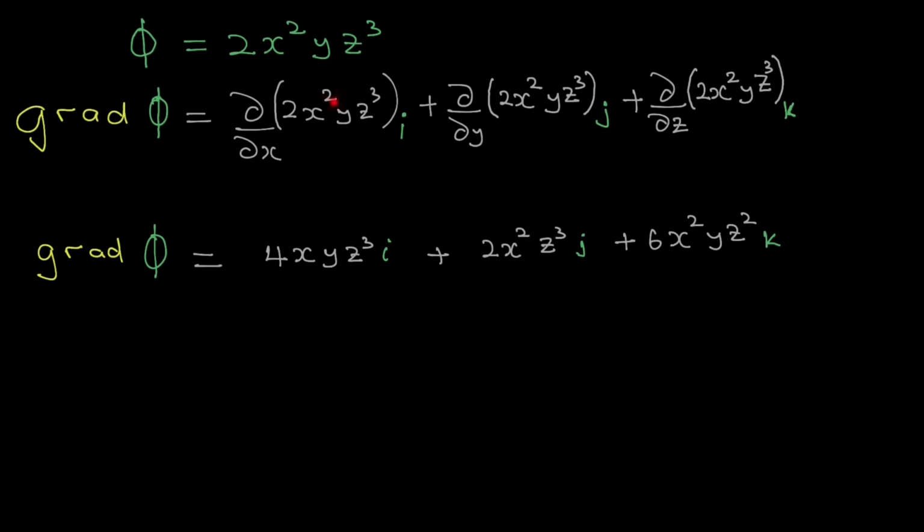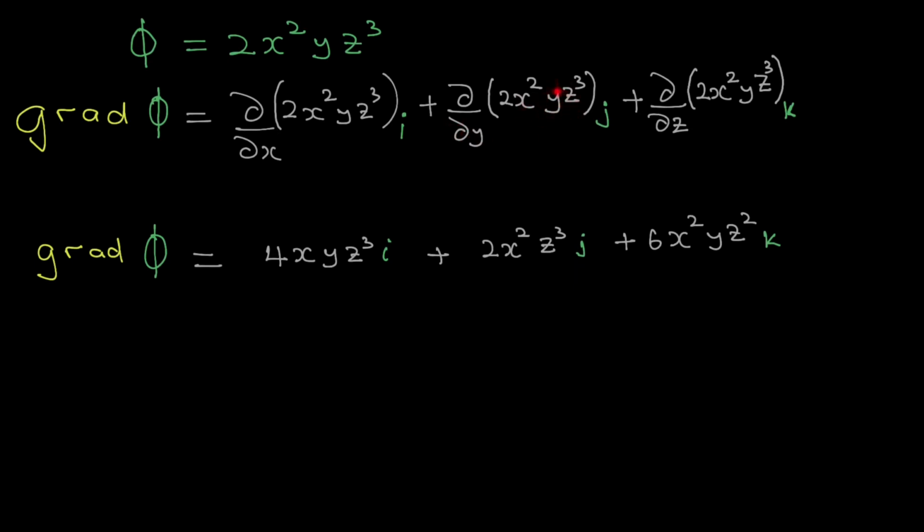So 2 times 2, that's 4. Then we get 2 minus 1, that's 1. And then y and z cubed are constant, they just stay in the direction of i. Plus, again, we differentiate with respect to y by keeping x and z constant.